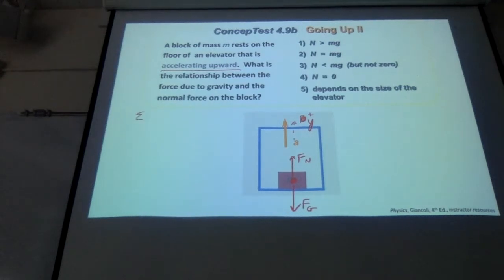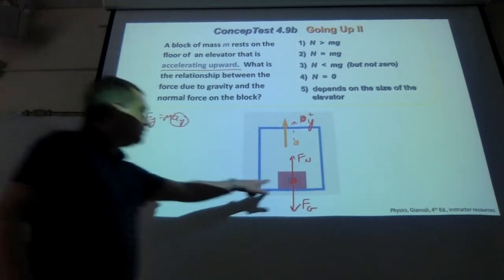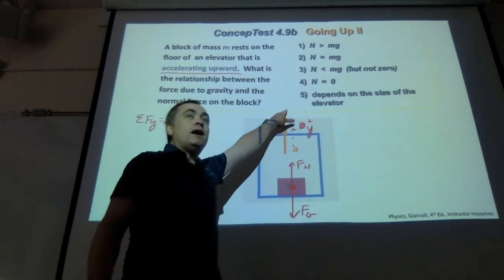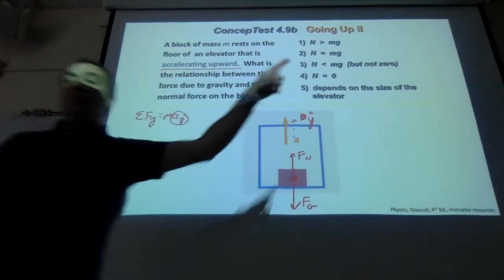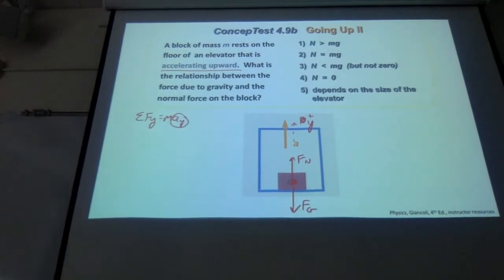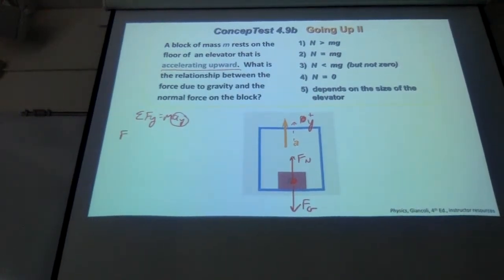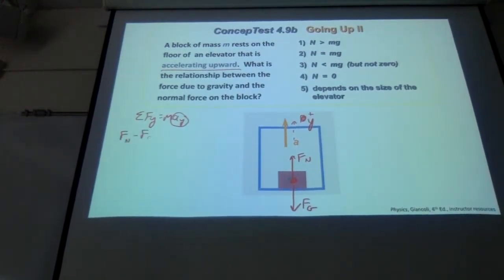So if I were to write out Newton's second law in the y direction, now this acceleration is happening. The block is accelerating in the positive y direction. So we're not going to set that equal to 0 this time, which means I'll still have normal force minus gravitational force, but now it's equal to m a_y.